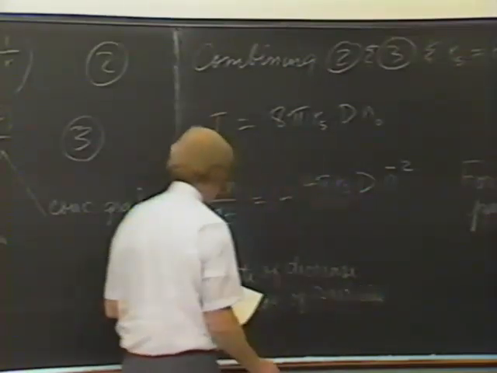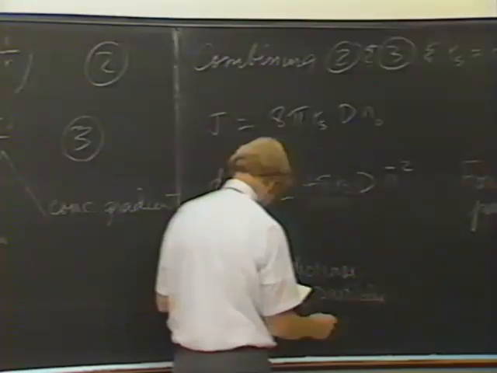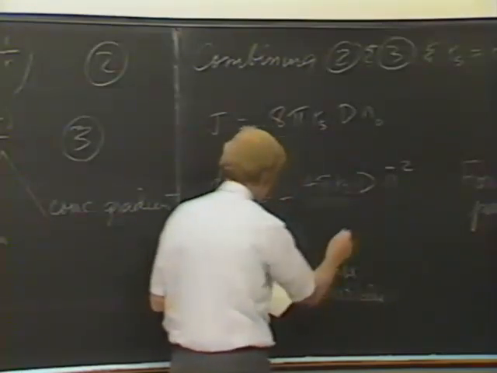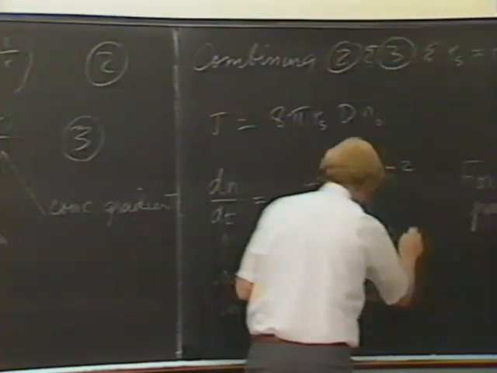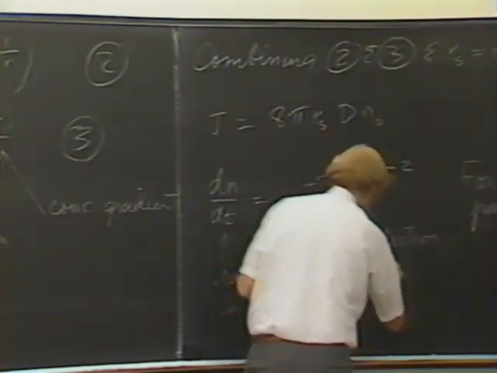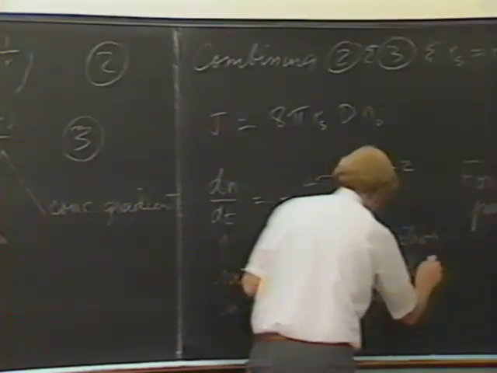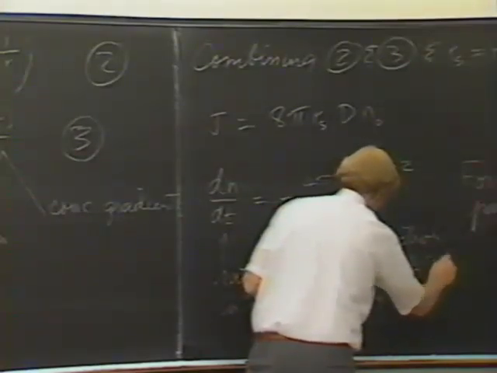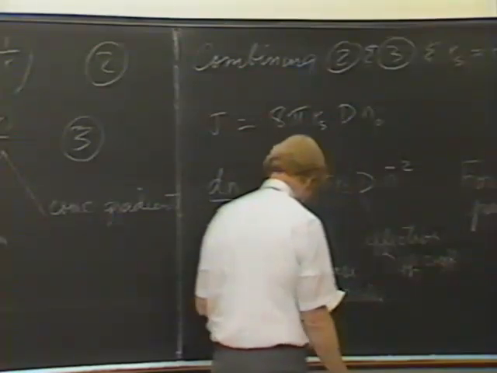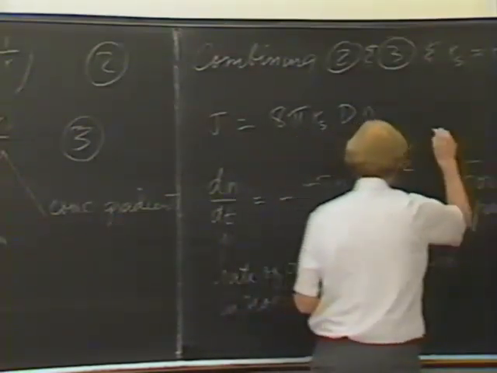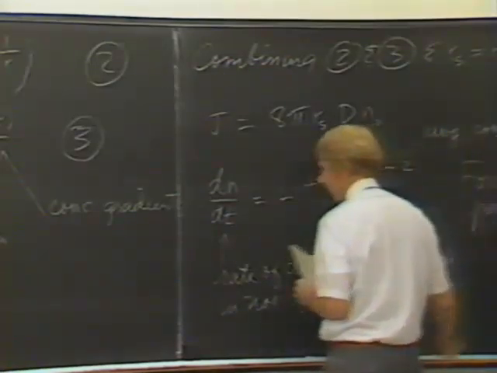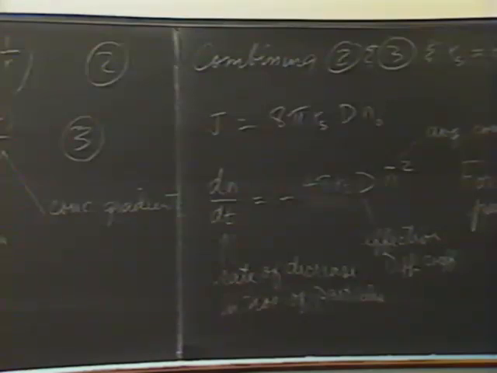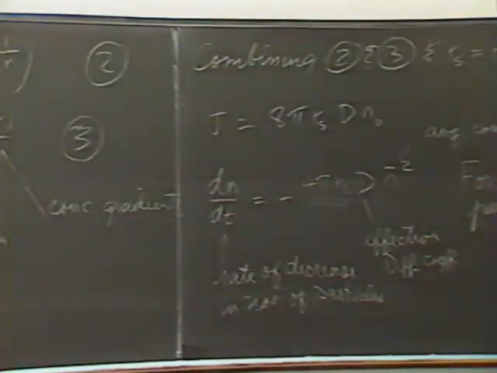This is, we'll call it effective diffusion rate coefficient. And this is average concentration.